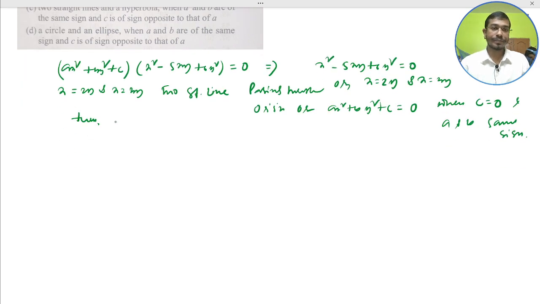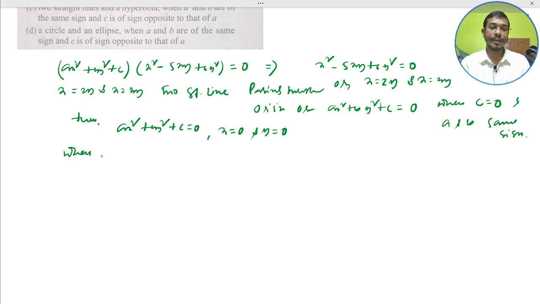Then the x square plus by square plus c equal to 0 gives x equal to 0 and y equal to 0, which is a point at the origin.